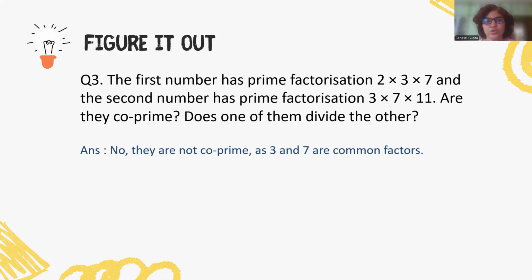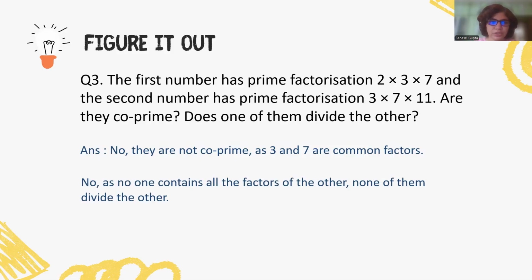No, they are not co-prime as they share two common factors, 3 and 7. So they cannot be co-prime by the definition. Does one of them divide the other? No, as neither contains all the factors of the other, none of them divides the other.